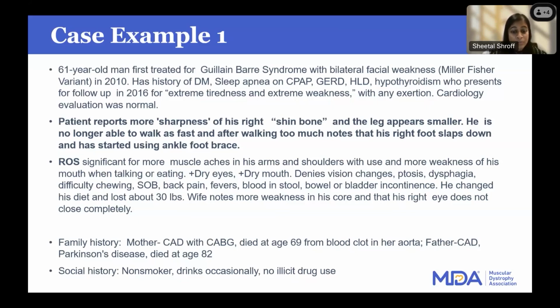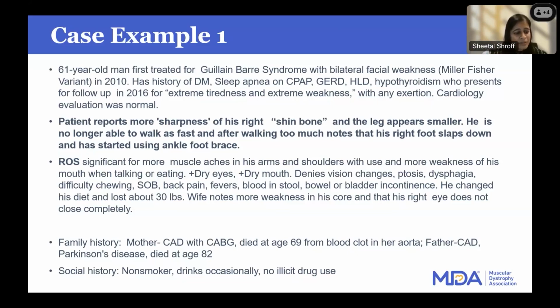And also there is some weakness in his mouth when talking and eating, so there might be weakness of his facial muscles as well. This kind of caught my attention: his wife noticed that his right eye does not close completely. So there might be weakness in the muscles around the eye, and he's not closing it, and that's probably why he's having the dry eyes.